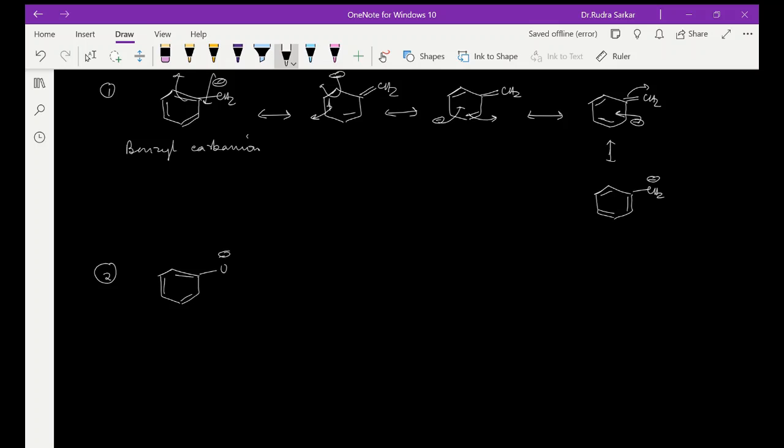So here also the O minus is showing plus M effect, just like that. So just try to match whatever I have done for the benzyl carbanion and try to generate the other resonating structures over here, and that is how it should go on. Okay.